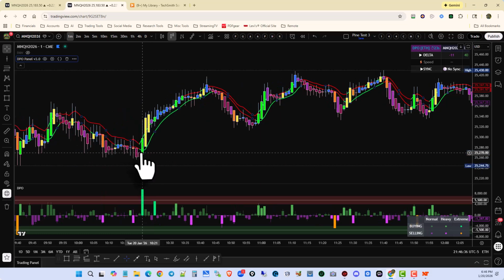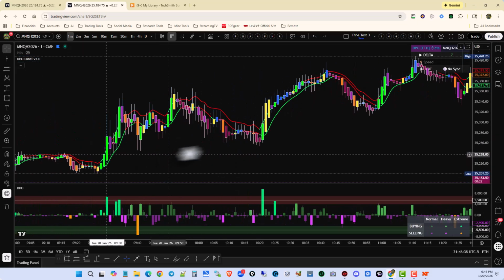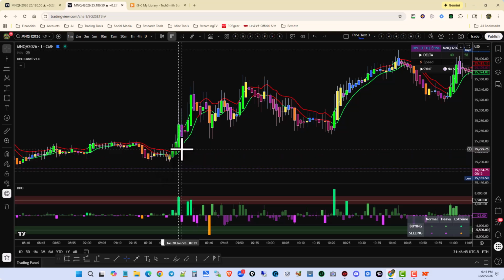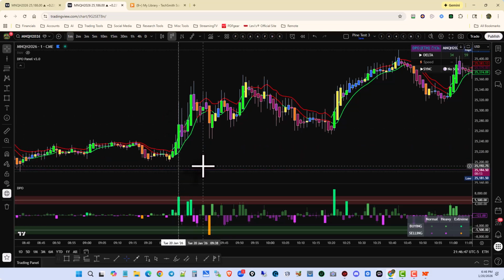So if you look at here, and let's look at 930 again. 930 is showing that we have an open with extreme delta on the buy side. So we have an imbalance of buy side buyers coming in at least 2,500 more than the sellers, and we get a big push. Now let's measure that.